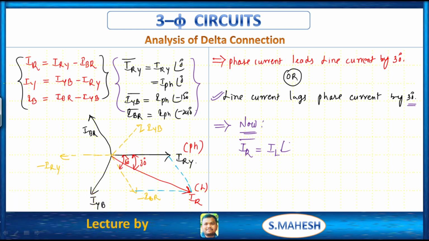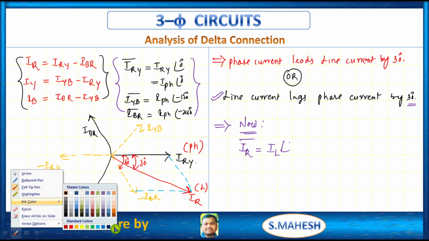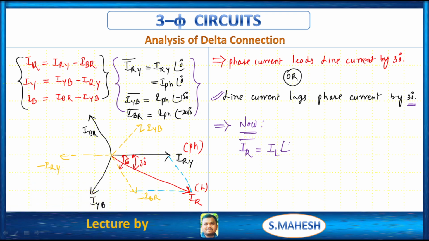So based upon this condition, we can write, that is IR, which is equal to IL at an angle minus 30, right? This is IY, IL at an angle minus 150, IB, IL at an angle minus 270. That's it. IR phase currents are like at an angle 0, like that line currents lag phase currents by 30 degrees. That's it. Like this we have to get.